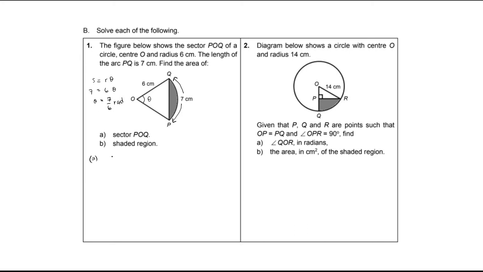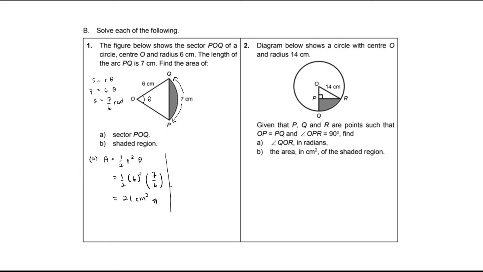To find the area of the sector, A equals 1 over 2 r squared theta. Radius is 6 cm and theta is 7 over 6. So the area is 21 cm squared.